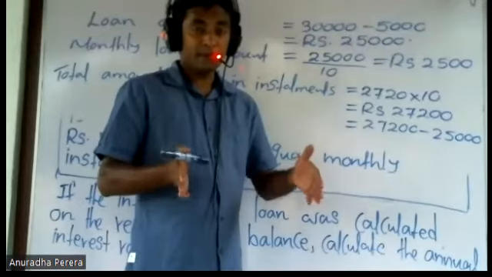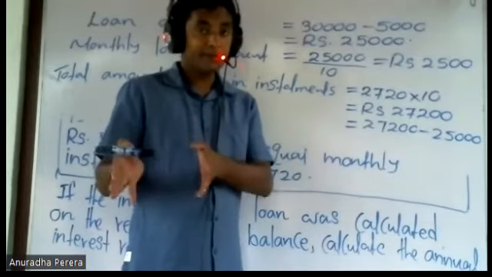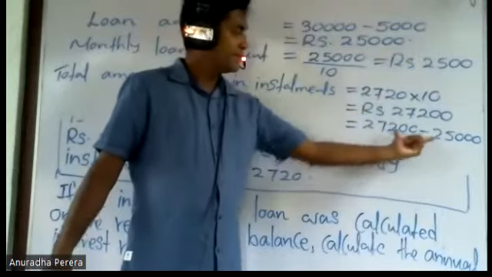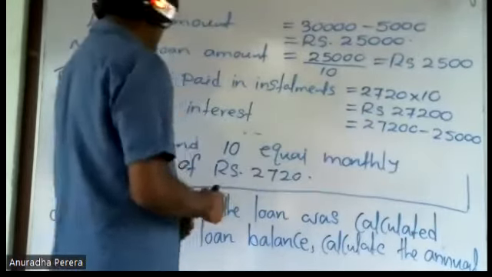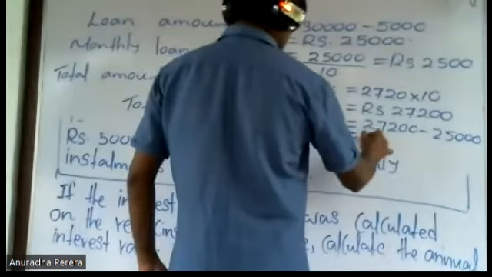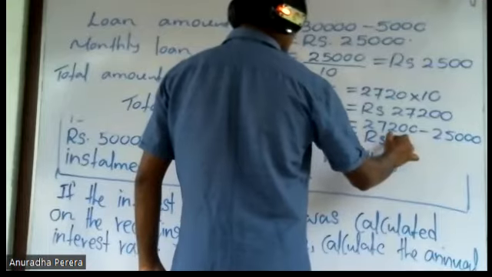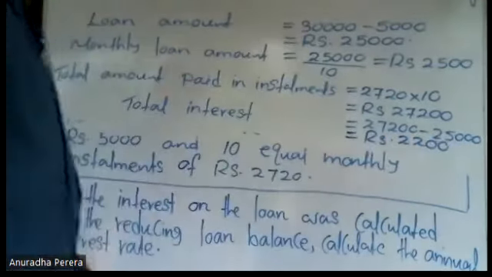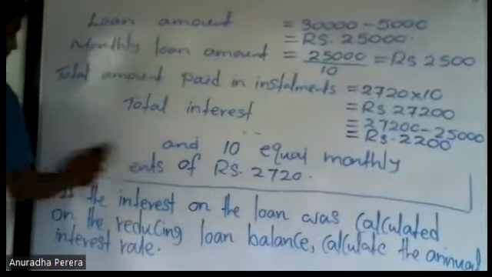It consists of both the loan amount and the total interest. We know the loan amount, which is 25,000. Take the difference between these two, and you can find the total interest. It is 2,200.